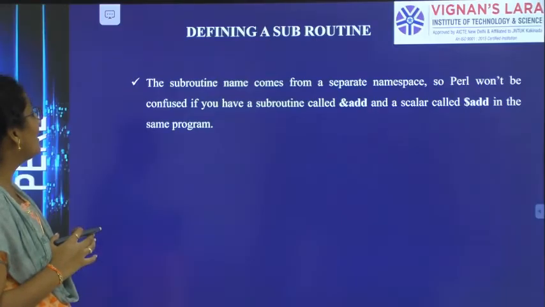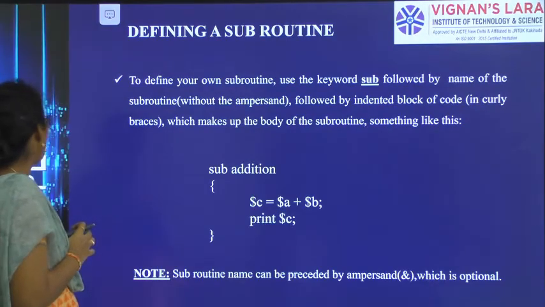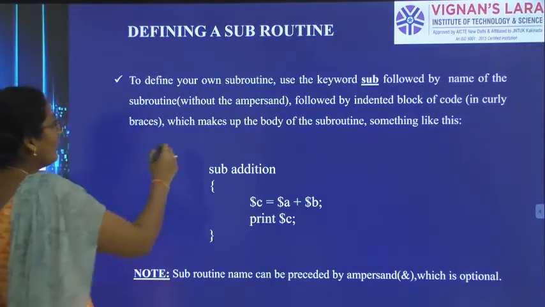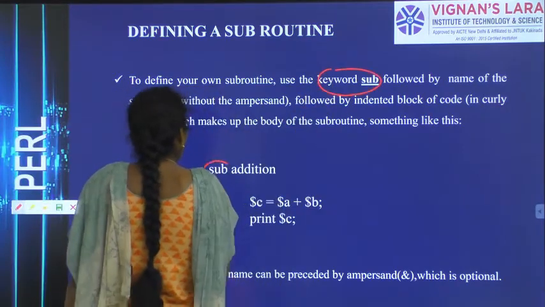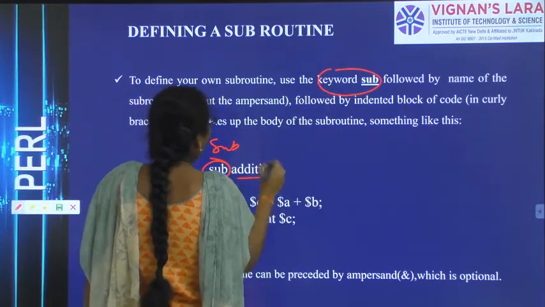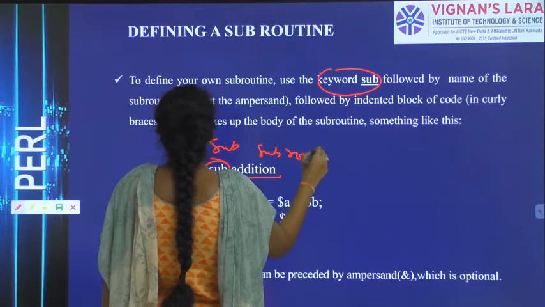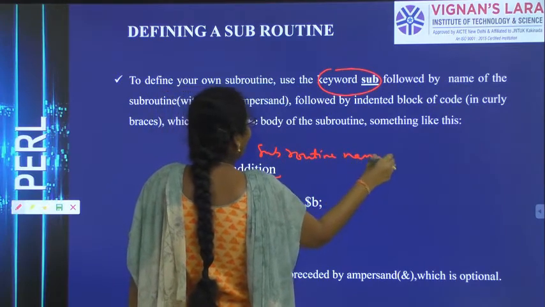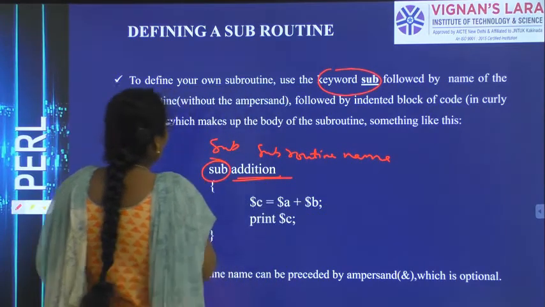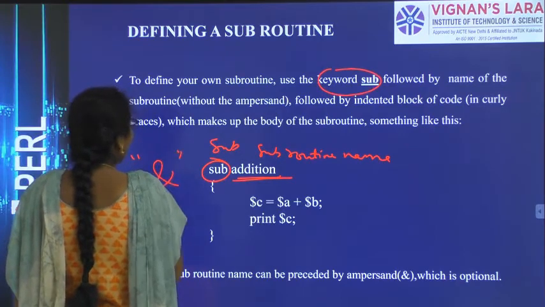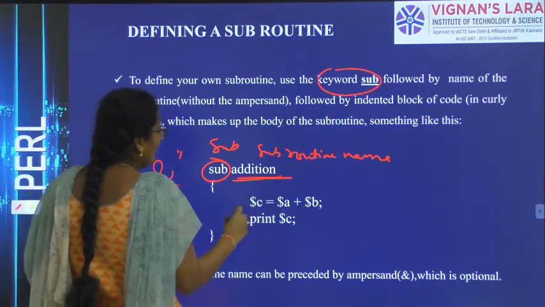Since it is a user defined function, you can define it on your own. For this we use the keyword sub followed by the subroutine name. I am taking addition here as the subroutine name. If you want, you can use the ampersand symbol, or if you don't want, you can leave it out.